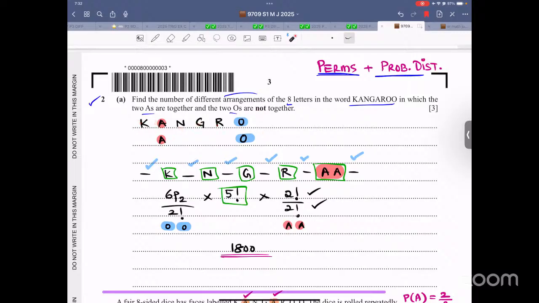The two A's together is the box concept, so put them in a box. And what is not together is that the two O's are not together.